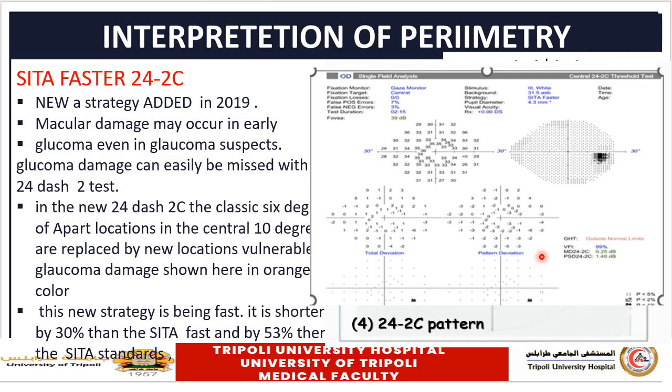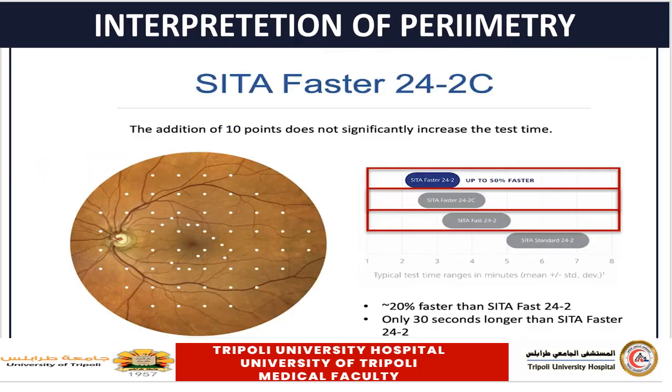This pattern is newly emerging. It is called 24-2C. So this is the final grid of the theta fast 24-2C. As you can see, the distribution of the spots that has been added corresponds to the distribution of the arcuate nerve fibers.